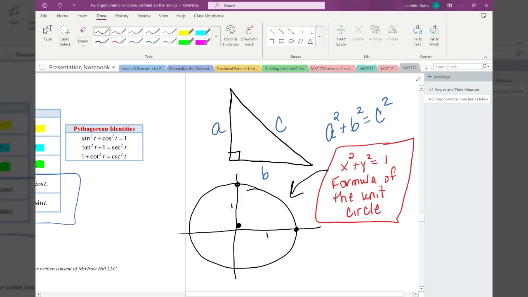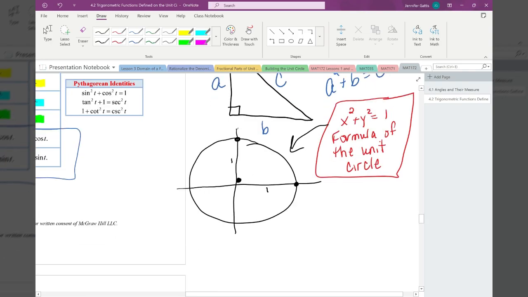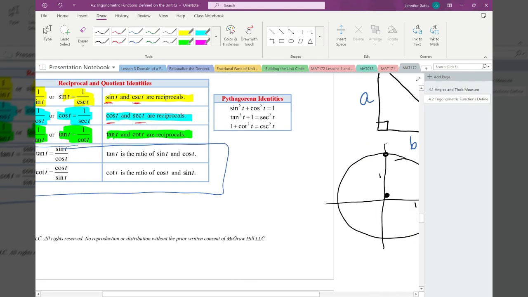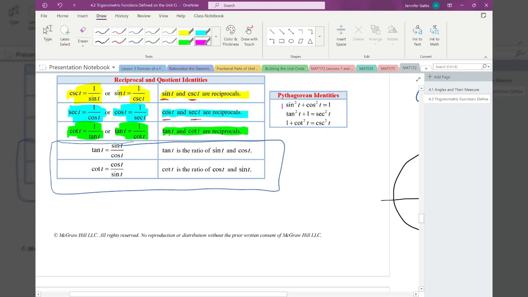And also recall, we talked yesterday about the sine of t being y and the cosine of t being x. So when we take a look at that, it only makes sense that if x squared plus y squared equals 1, then that leads us to sine squared plus cosine squared equals 1.